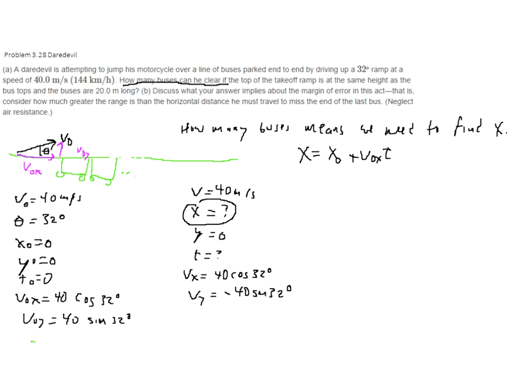All right, well, X0 is equal to 0. So here we don't know X, and we don't know T. So that's one equation, two unknowns.